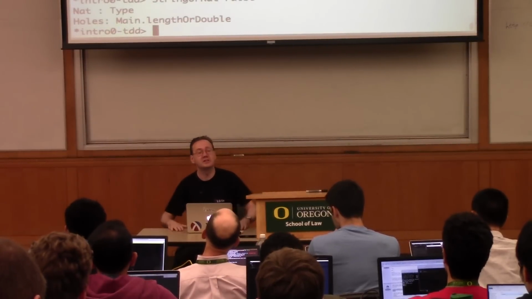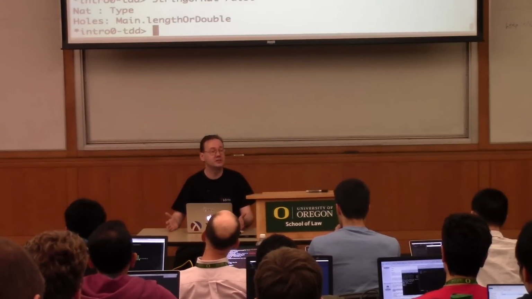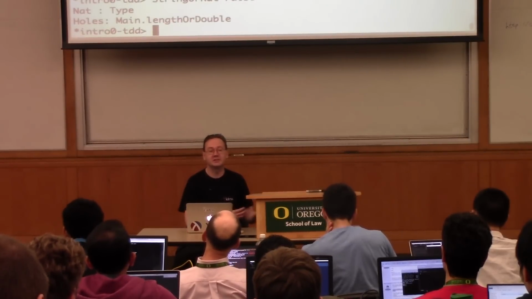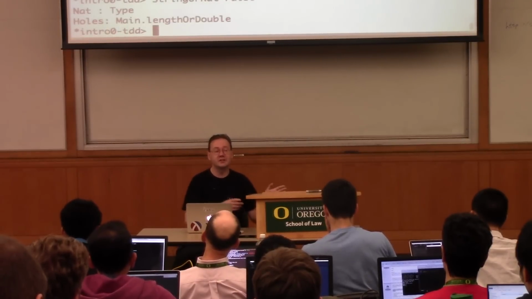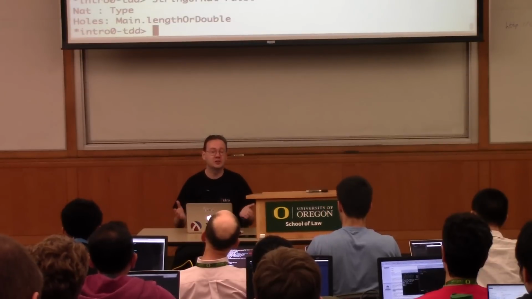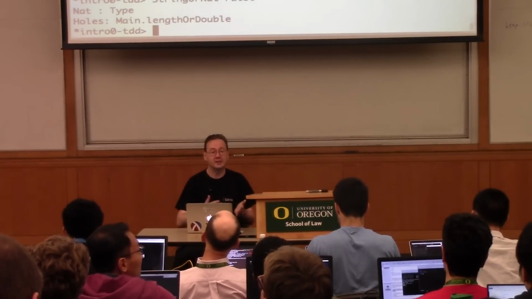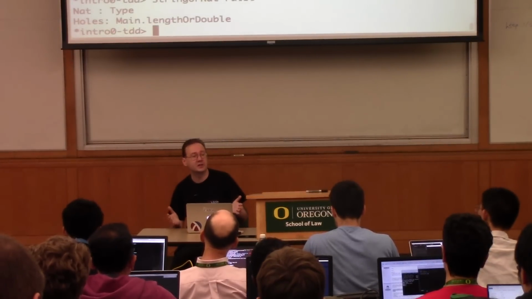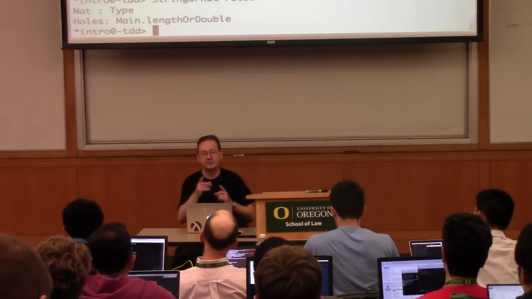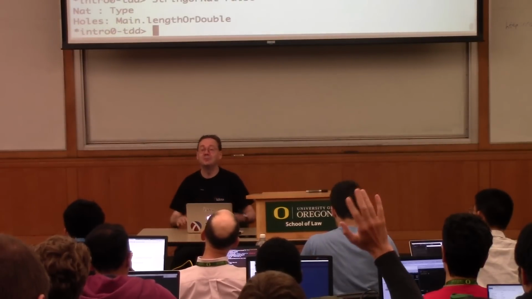The question is, is there a directive you can give to the machine when you think you've finished to get the machine to say there are some holes left? There's no directive, but it will always tell you. If you try to compile a program and there are holes in it, it will tell you. It's not necessarily an error, and maybe there should be a flag that turns that into an error, so thank you for the feature suggestion. But there isn't at the moment.